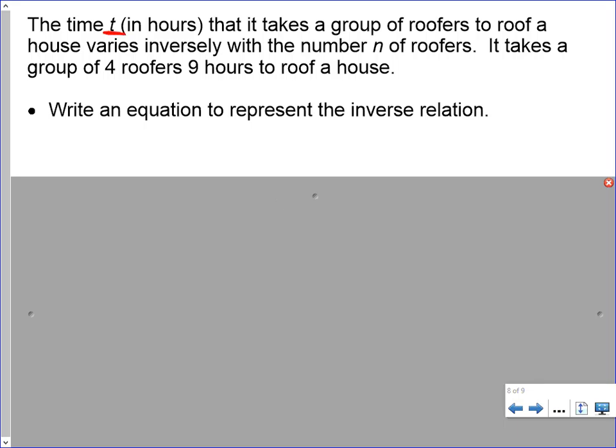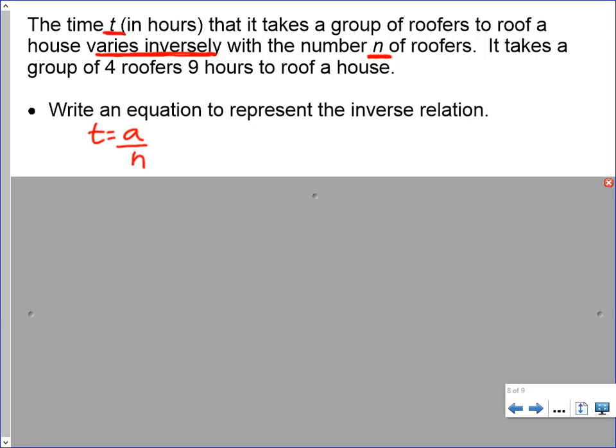the time t that it takes a group of roofers to roof a house varies inversely with the number n of roofers. So t and n vary inversely. Instead of writing y equals a over x, I'll write t equals a over n.